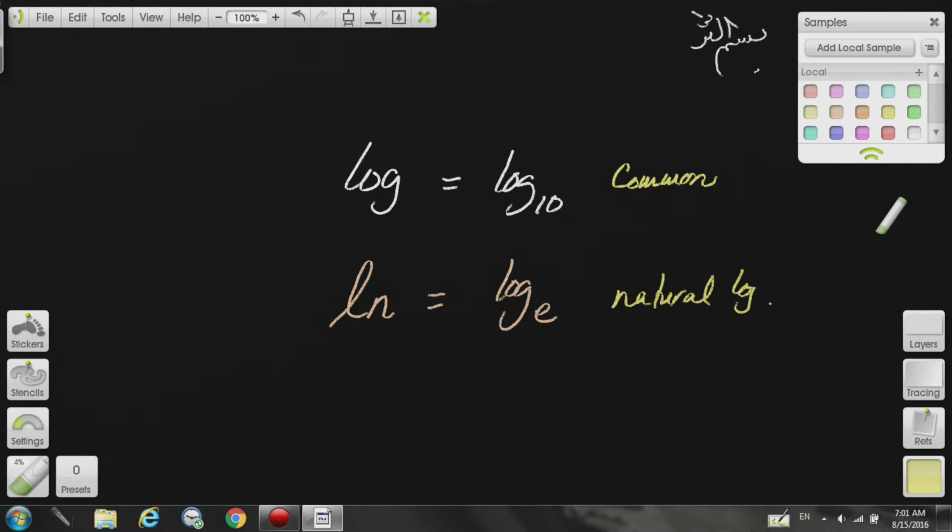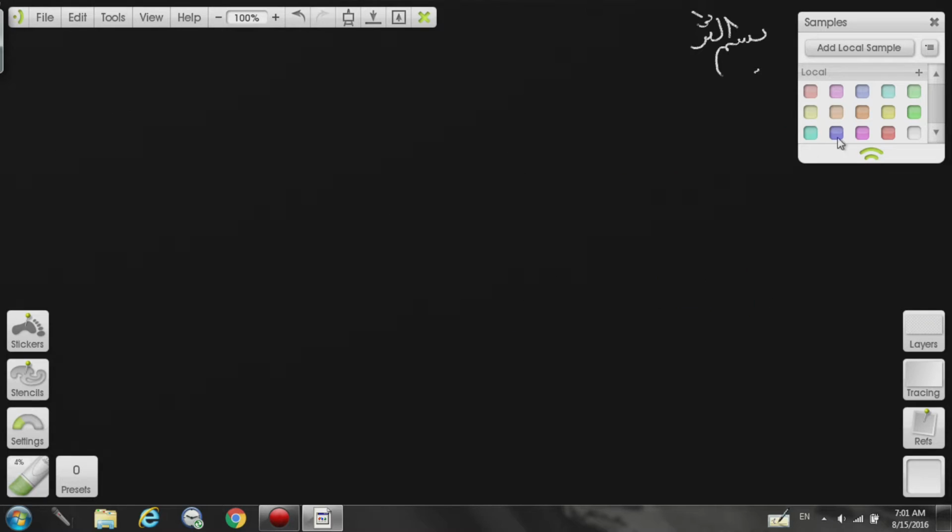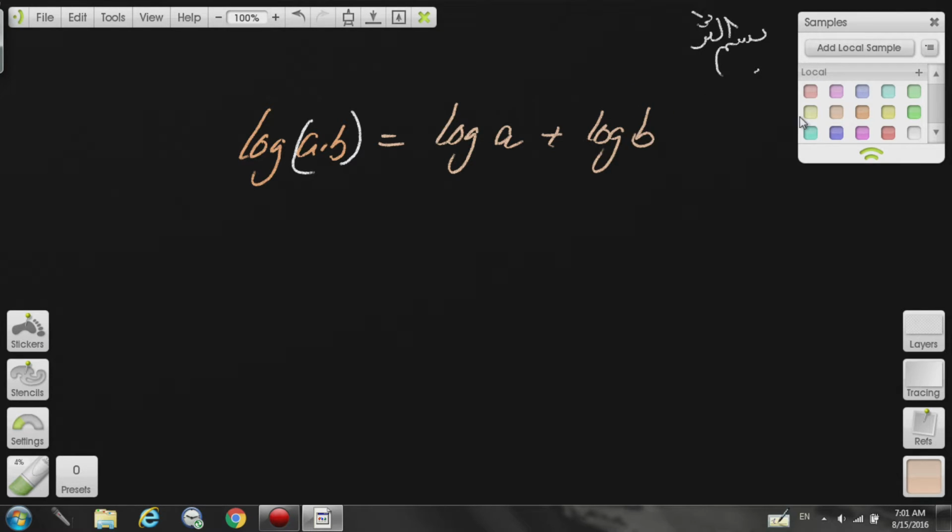Now, as a reminder, log base anything of 1 is 0. Now back to some basic log rules. Log of a times b, in other words you have two quantities, equals log of a plus log of b.